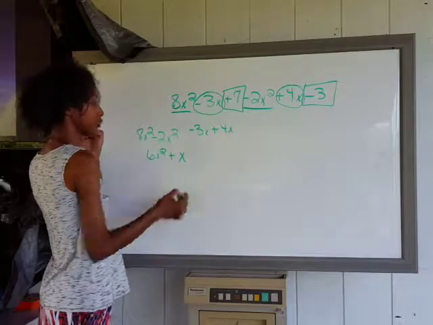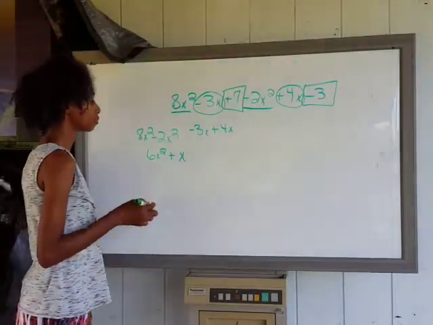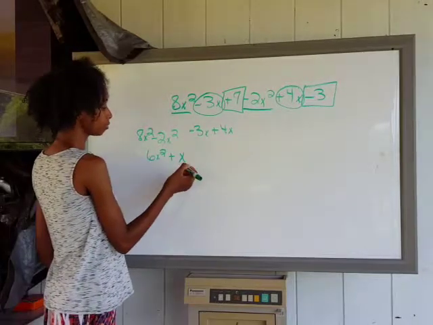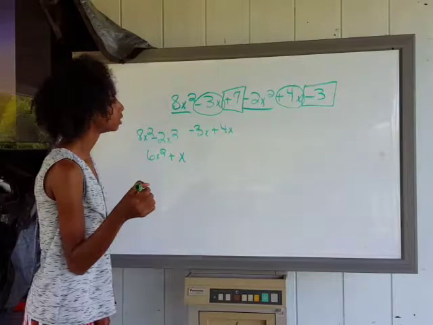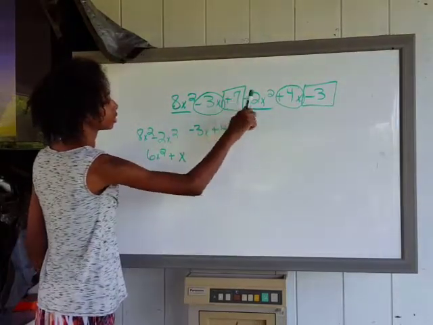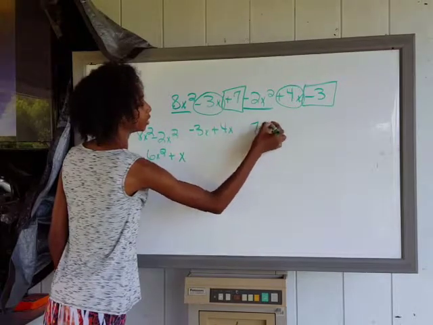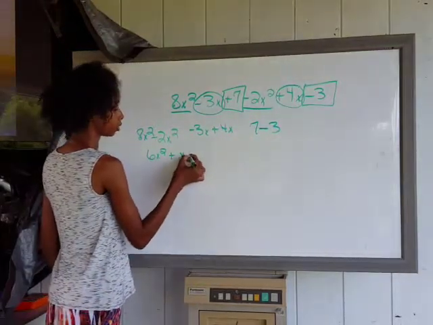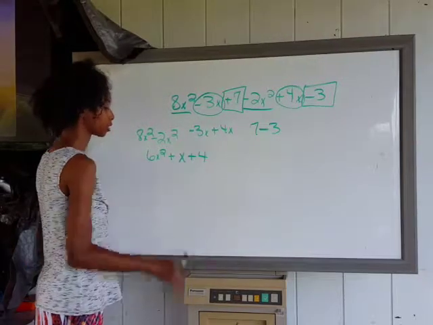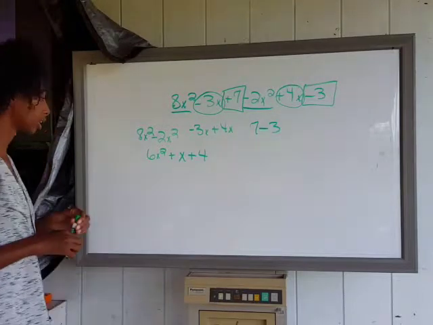So negative 3 plus 4 is positive 1, so 1x or just x by itself. And so then the last one, the positive 7 and negative 3. So 7 minus 3 is 4, so a positive 4. So our new expression reads 6x squared plus x plus 4.